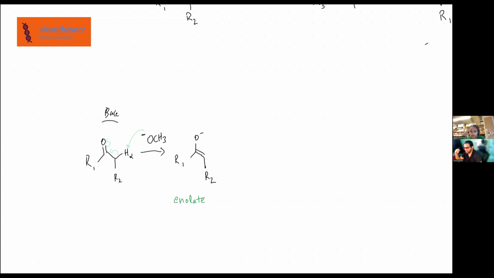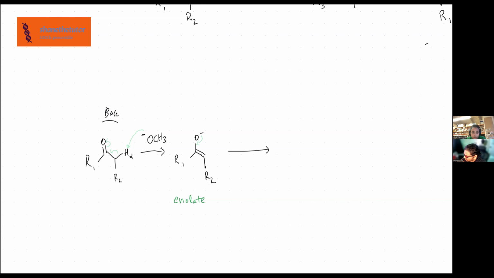So okay, we have our enolate here, and then we'll have this reforming that double bond. And then the double bond that we have here will react with another molecule that's already present.